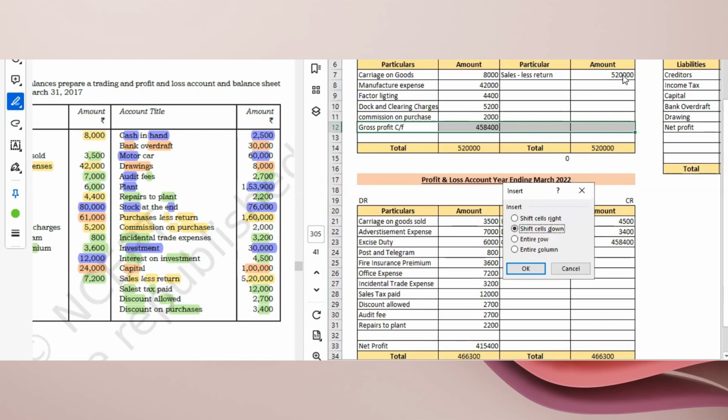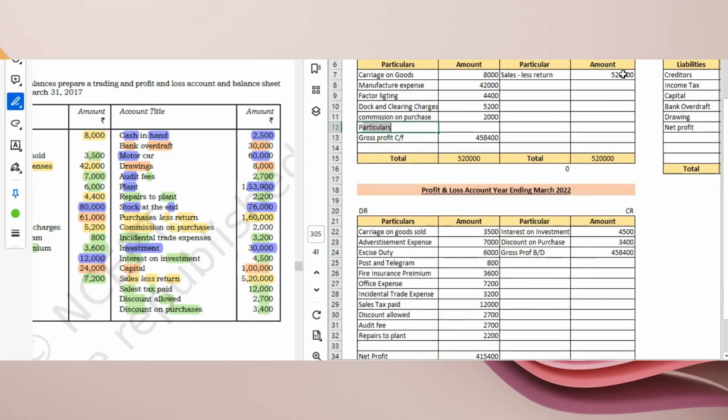See, now I know what I missed. This entire line item, what I thought is I will mark it and then transfer it. But I started transferring from here and the above items I didn't transfer. Okay, so 1,60,000 I'm putting it.